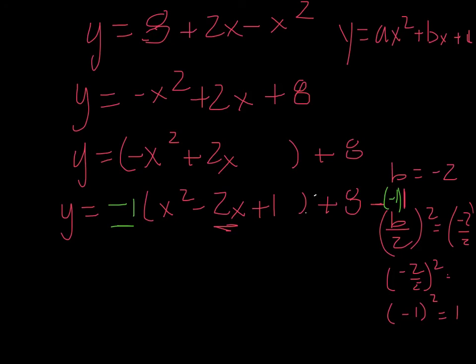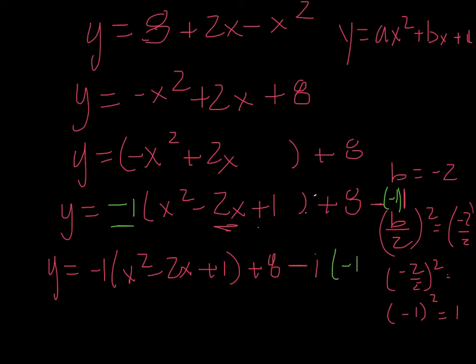Okay, so now I'm going to make it a little bit neater. y equals negative 1 times x squared minus 2x plus 1, plus 8 minus, the reason it was minus was because I was adding c and then subtracting the c. So it was minus 1 times a negative 1.